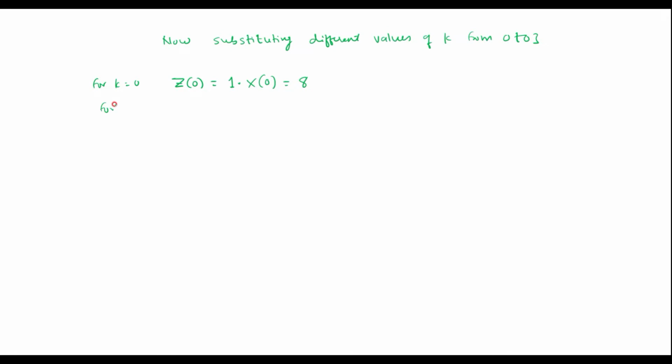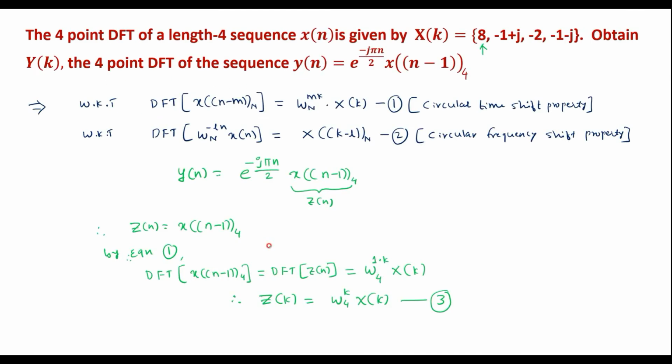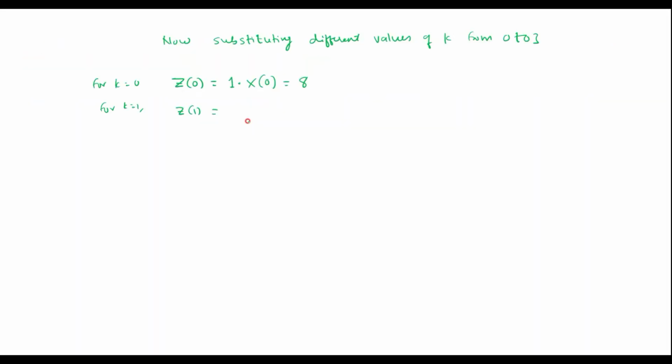For k equal to 1, z of 1 is equal to W4 power 1 times X of 1, that is minus j times minus 1 plus j. Simplifying this, j into 1 is j, and it is minus j square, which gives j plus 1, that is 1 plus j.